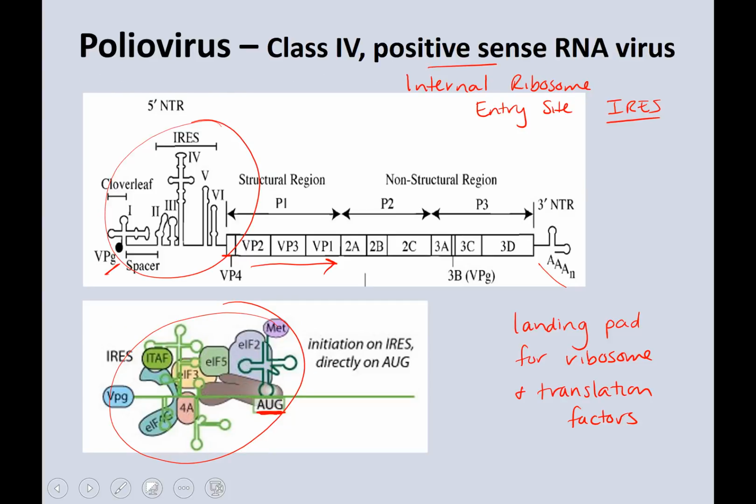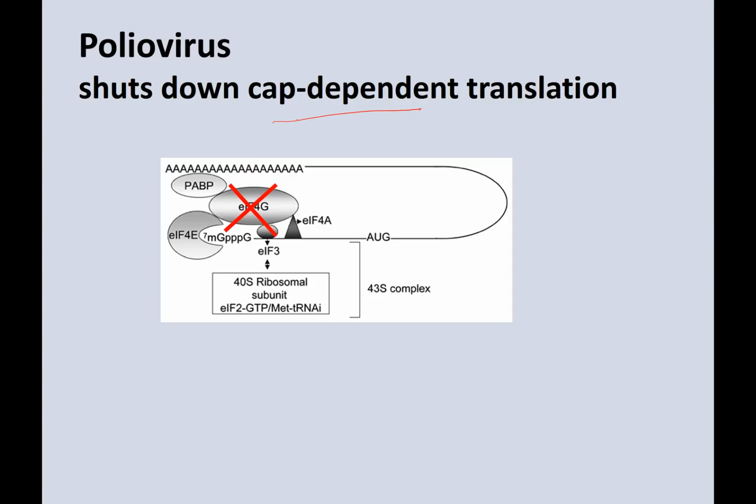So poliovirus does cap-independent translation, and it shuts down the host translation by cleaving one of the cap binding protein complexes. And so the host mRNA can no longer be translated, and all the resources go towards poliovirus.